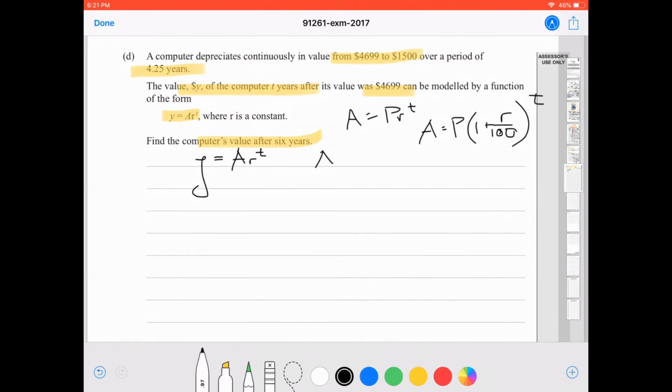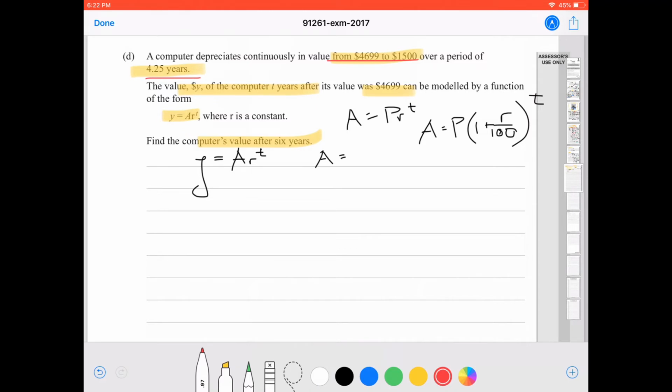Now what is A? Okay, so this is actually a two-step question, right? We don't have a rate. If we look at the first sentence, depreciates continuously in value.